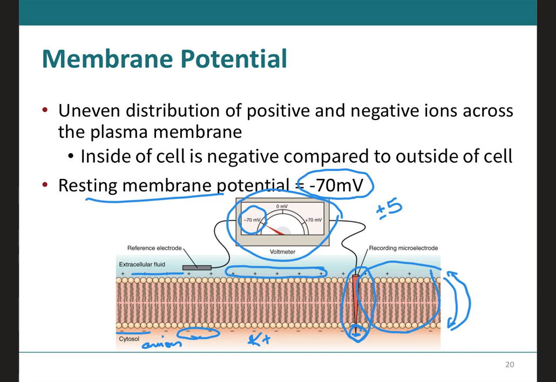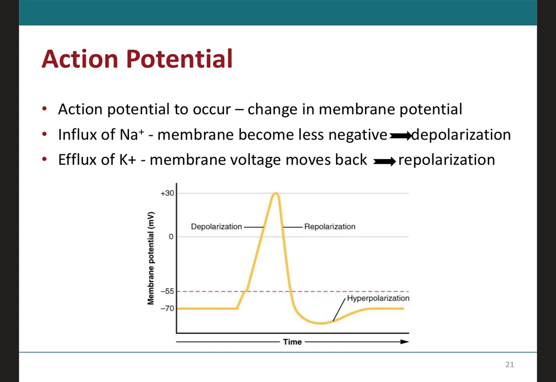So now that we understand resting membrane potential, we can move on and talk about action potential. When we're talking about resting membrane potential, we're actually describing the steady state of the cell, which is a very dynamic process that is balanced by the ion leakage and the ion pumping channels.